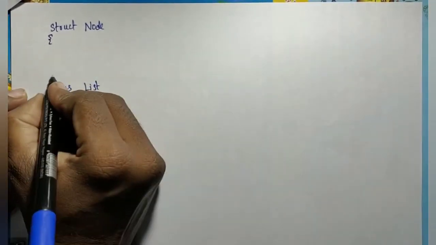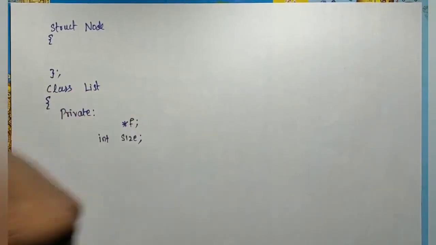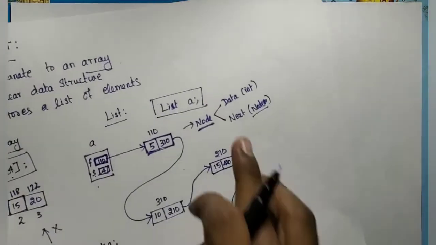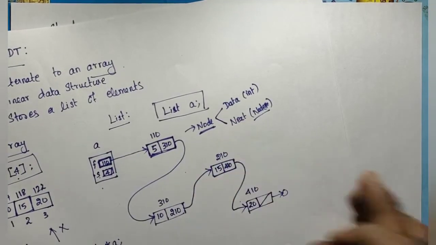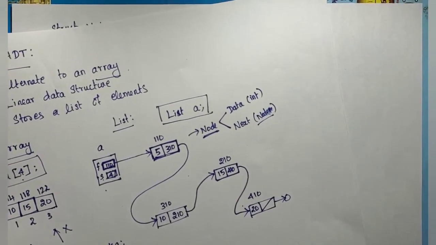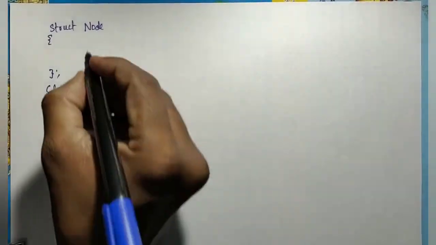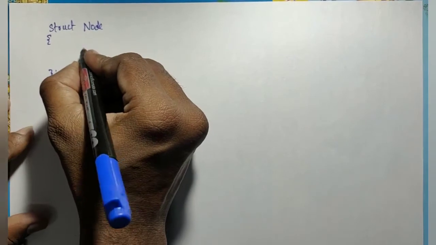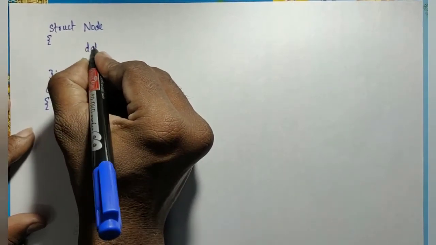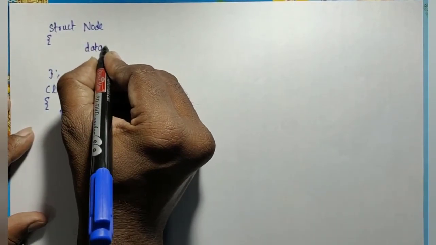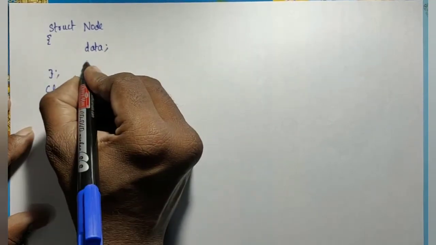Here I am going to add the members. There are two members for that. One is data, another one is next. So I am going to use data, and another one is next.